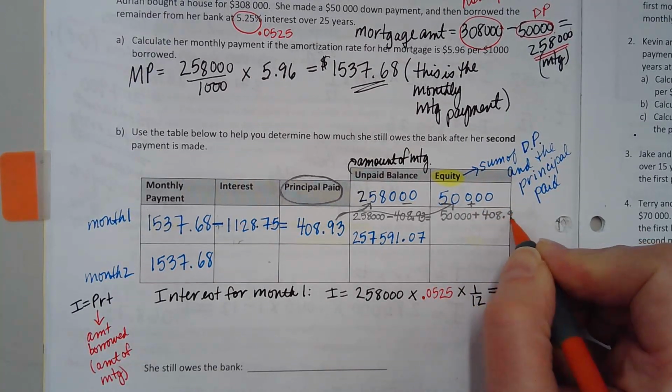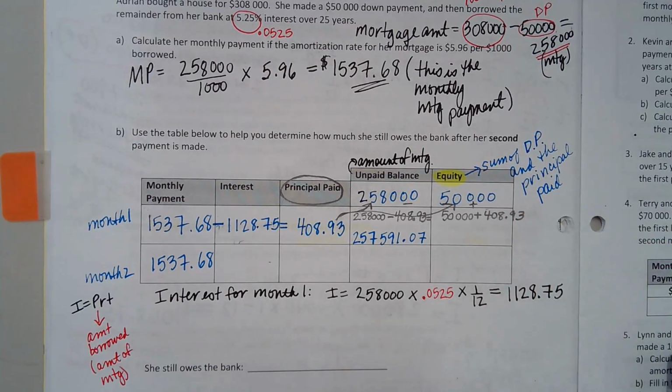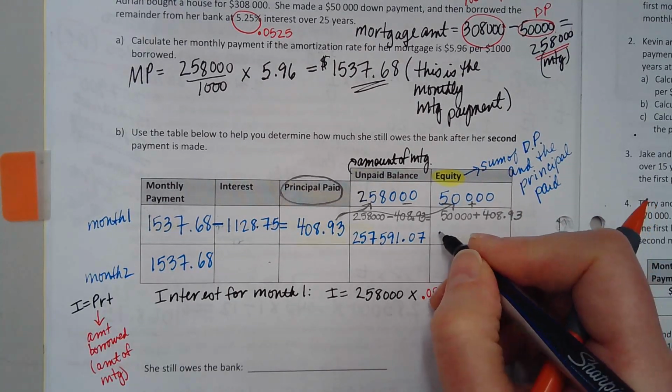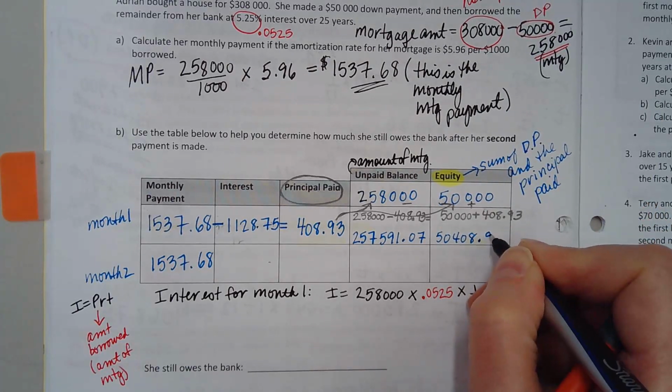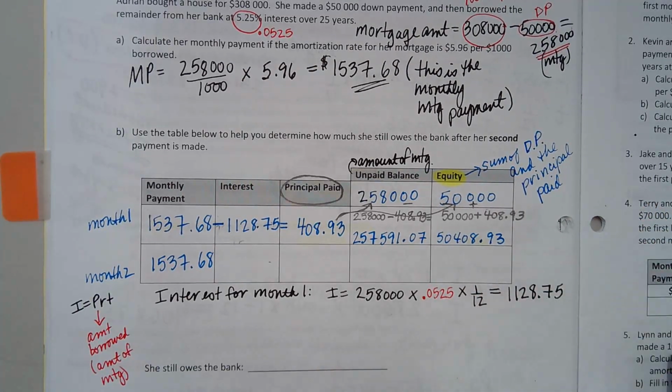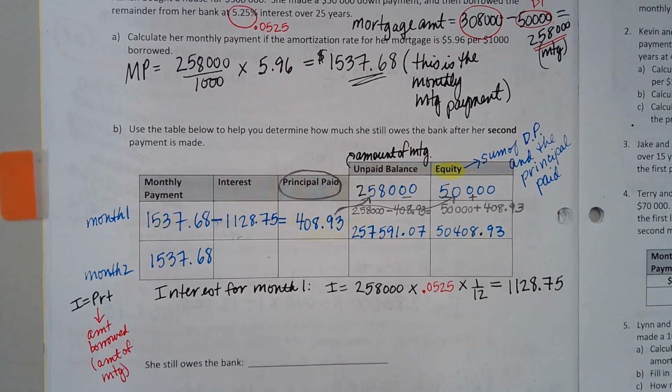40893. And what do we get here, Darius? Okay. It's very tedious, right? That's why it's not done by hand in the real world.